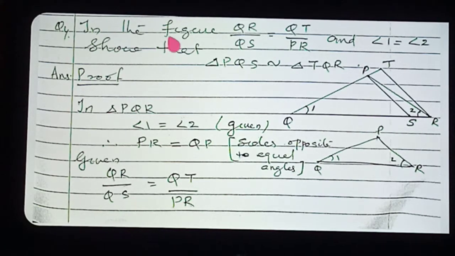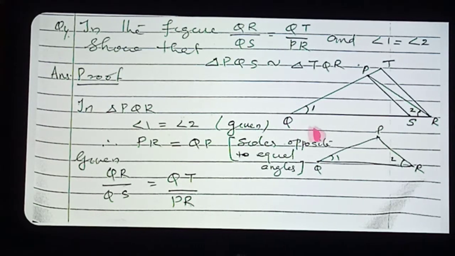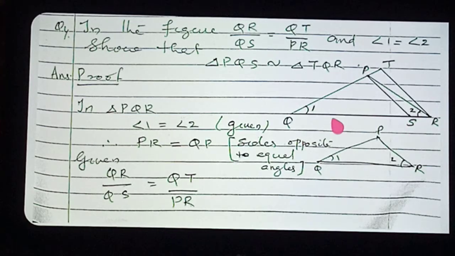See the question. In the figure, QR by QS is equal to QT by PR. This is your original diagram. These diagrams I have drawn for your understanding only. QR by QS: what is QR? QR is this one and QS is this one. QR by QS is equal to QT by PR. PR is this one.